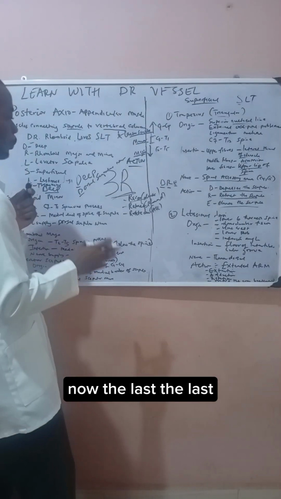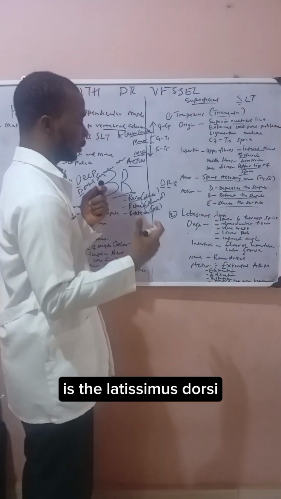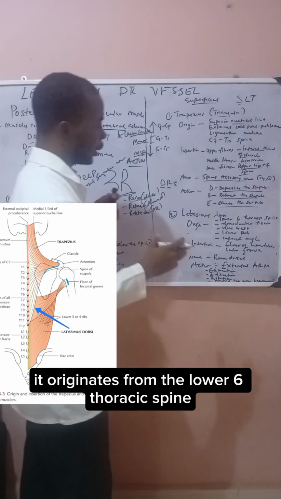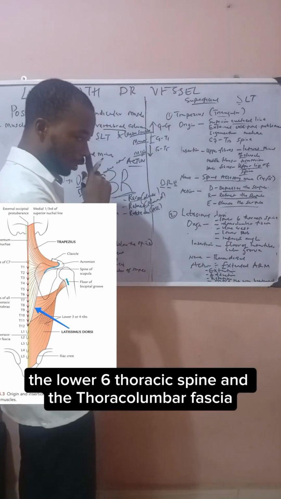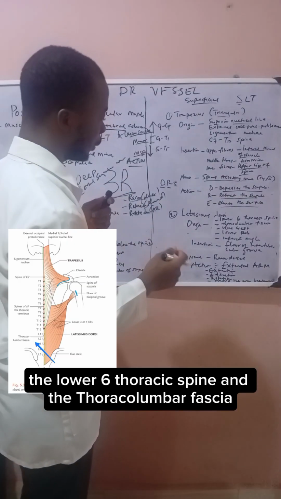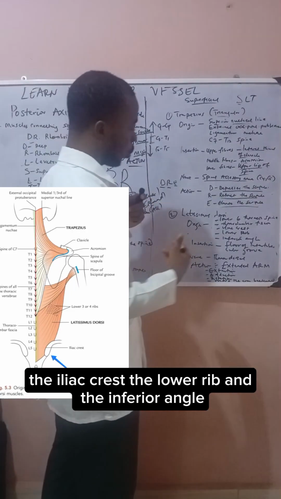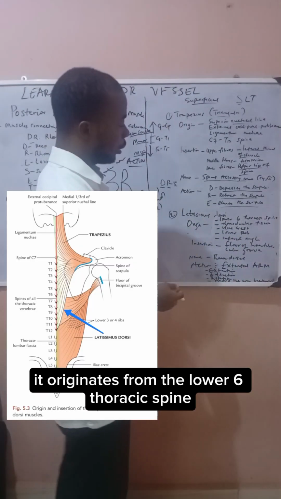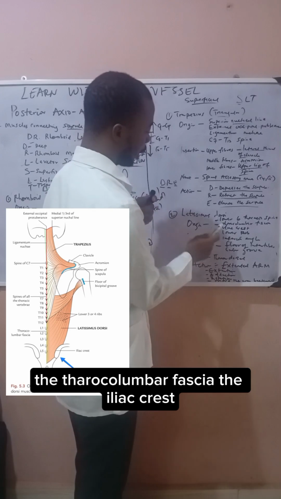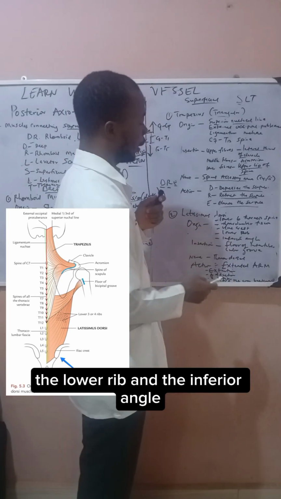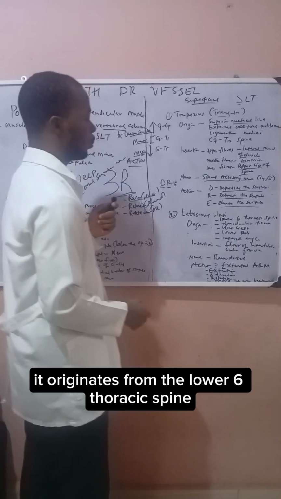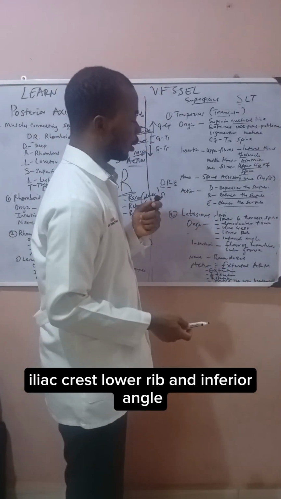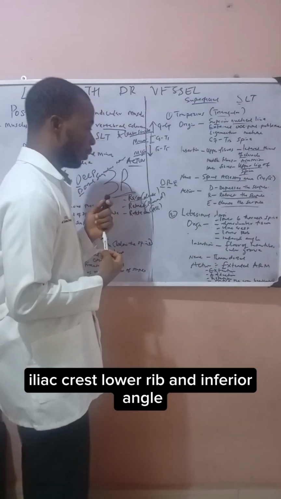Now the last superficial muscle we'll be talking about is the latissimus dorsi muscle. It originates from the lower thoracic spine, the thoracolumbar fascia, the iliac crest, the lower ribs, and the inferior angle of the scapula.